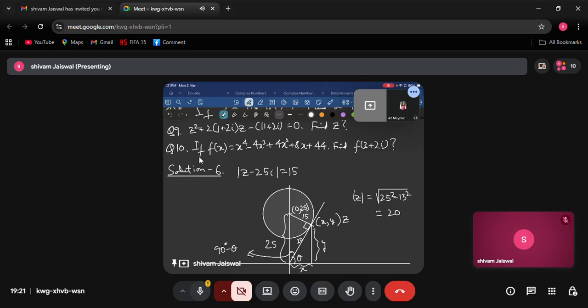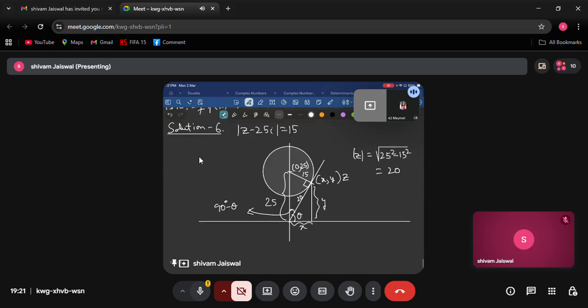Okay. So let us find out sine theta. Sine 90 minus theta is equal to 15 by 25. And cos 90 minus theta is equal to 20 by 25. So I've got the value of sine theta and cos theta.